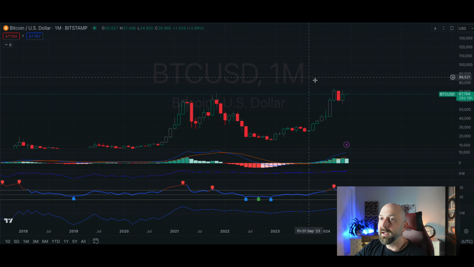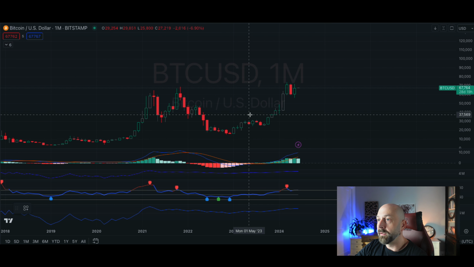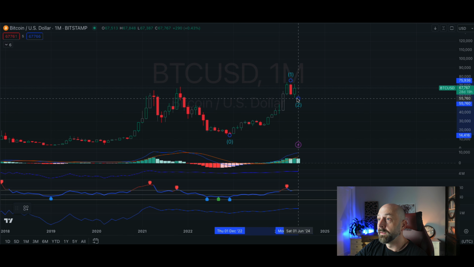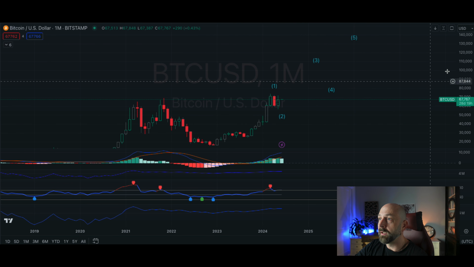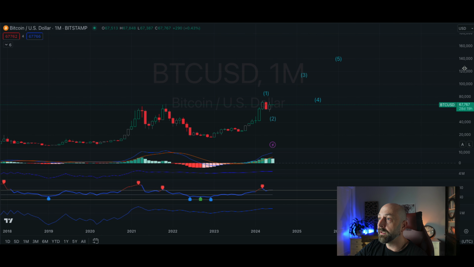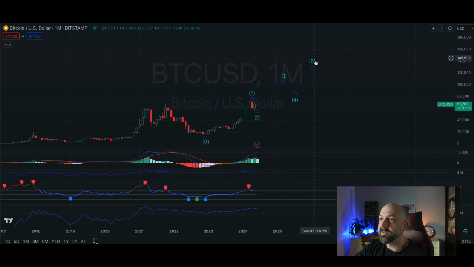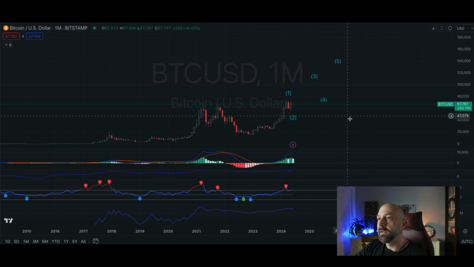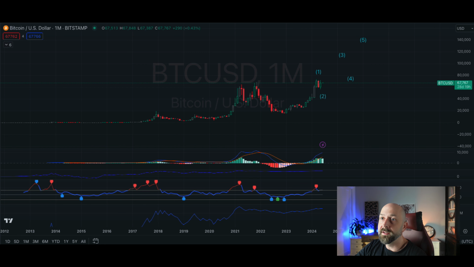Or we are part of a larger structure where the market is going to move higher, where this would be phase 1, 2, 3, 4, and then 5 is something like this, where we're basically up around this 150, 160 mark, which if you look at previous cycle highs, it's not unachievable.